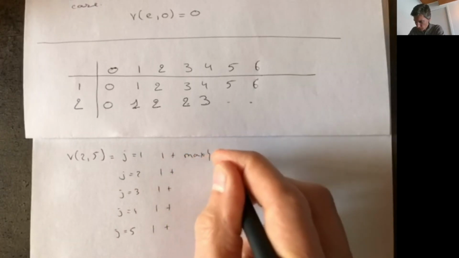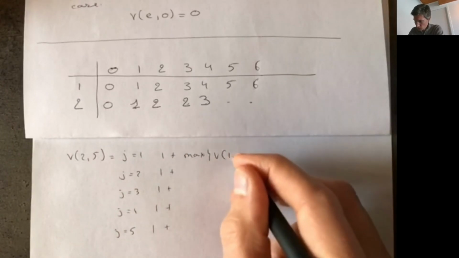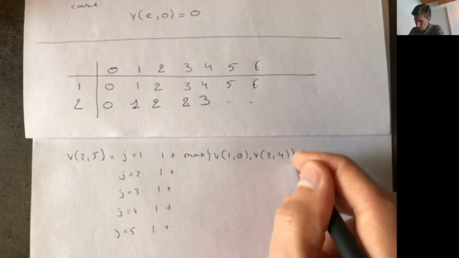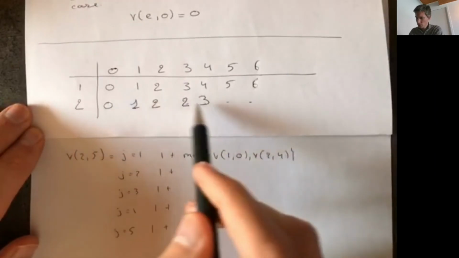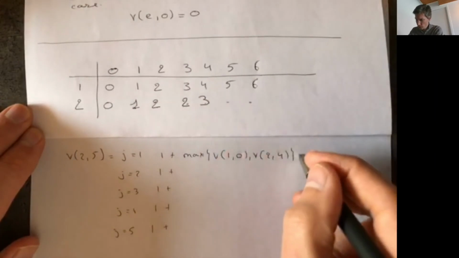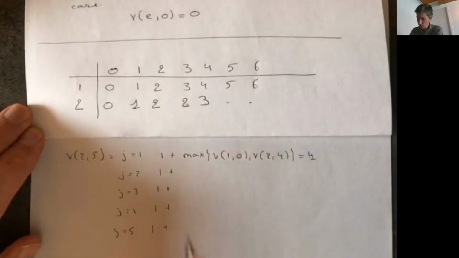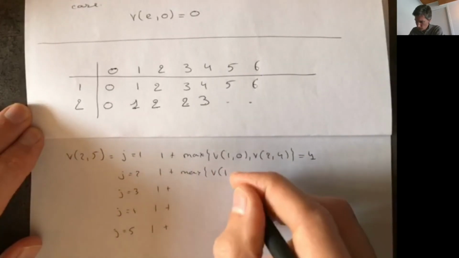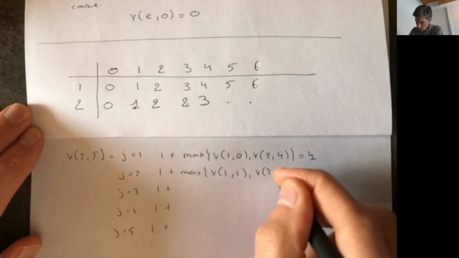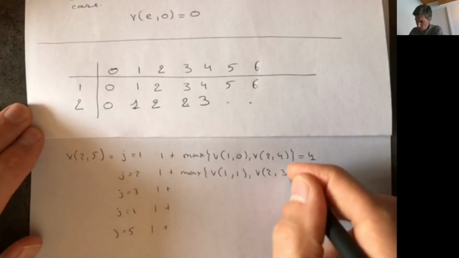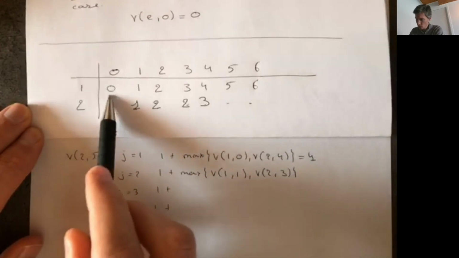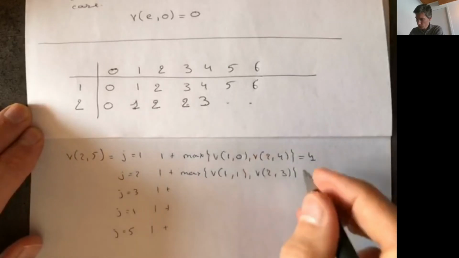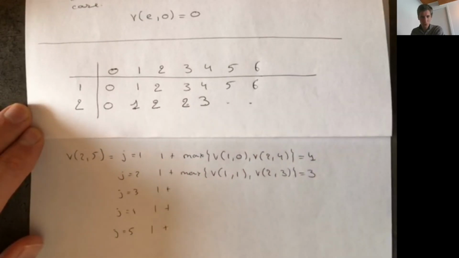Here I have the maximum of v1,0 and v2,4. v1,0 is 0, v2,4 is 3, so here we have a total number of 4. Here we have the maximum of v1,1 and v2,5 minus 2 is 3. v1,1 is 1, v2,3 is 2, maximum is 2, plus 1 is 3.